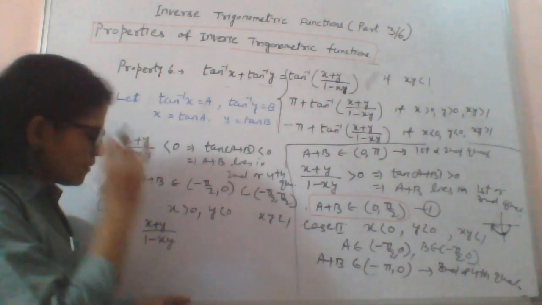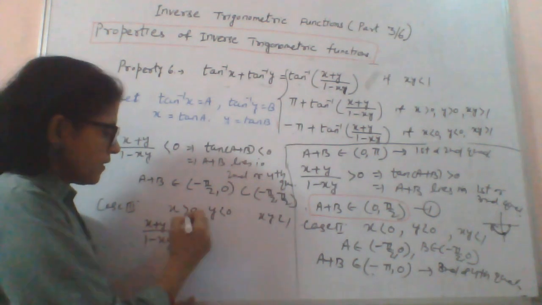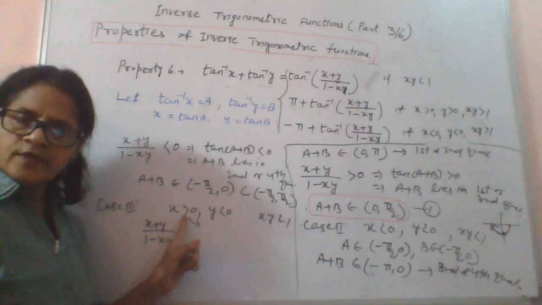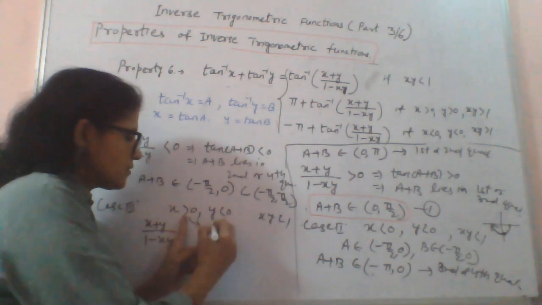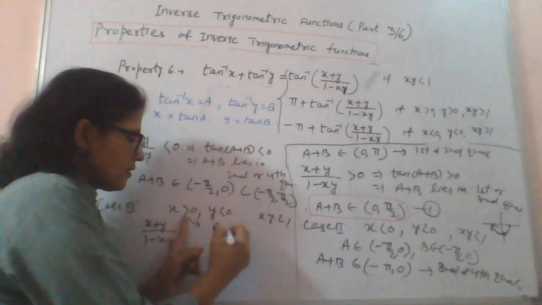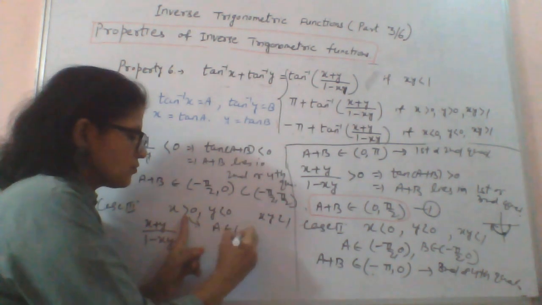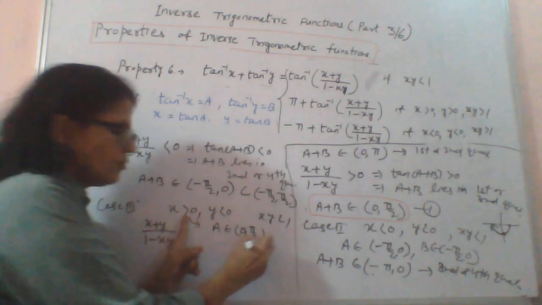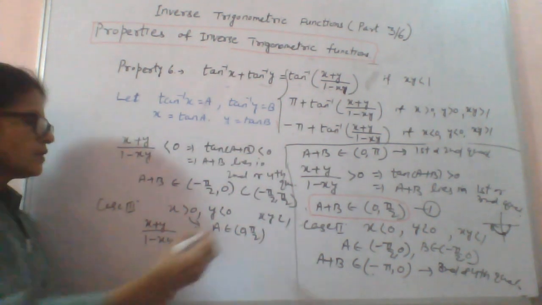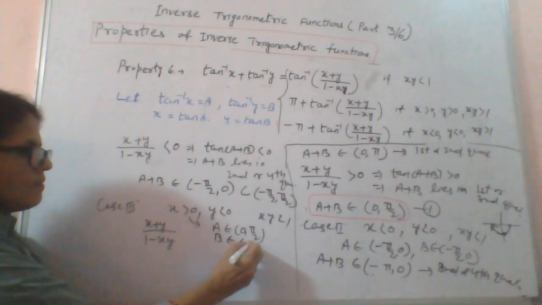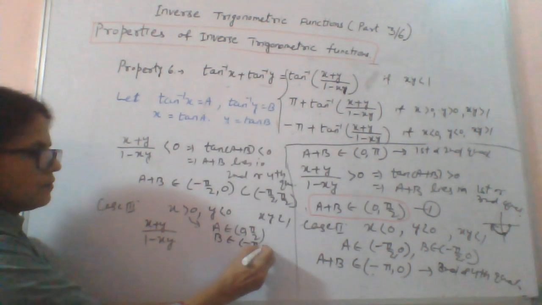So that we will see later on. So let's see here. When x greater than 0, tan inverse x greater than 0, which means a greater than 0, so a belongs to (0, pi by 2). Similarly, y less than 0, b belongs to (minus pi by 2, 0).